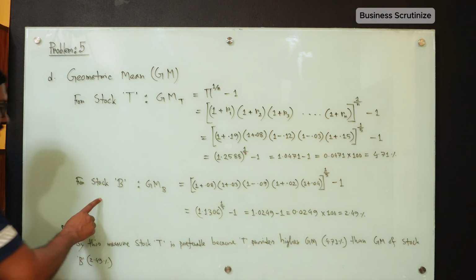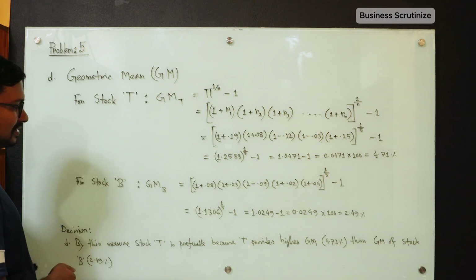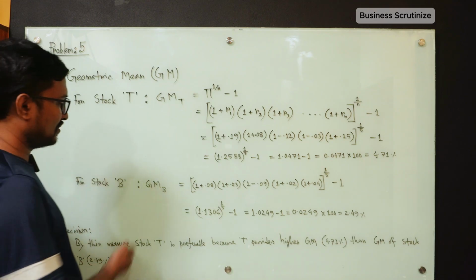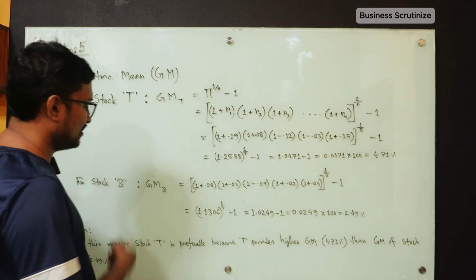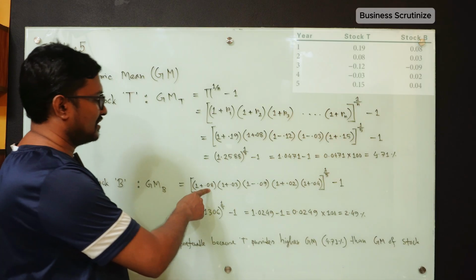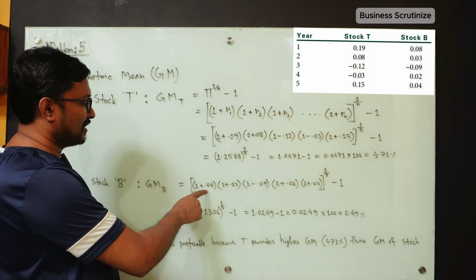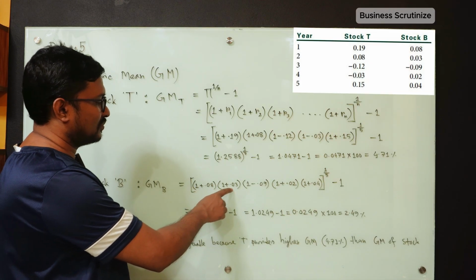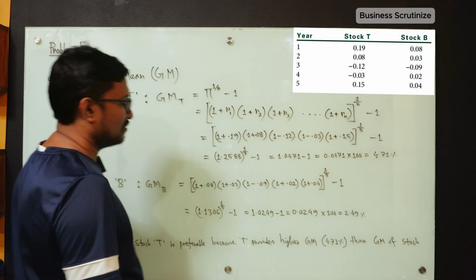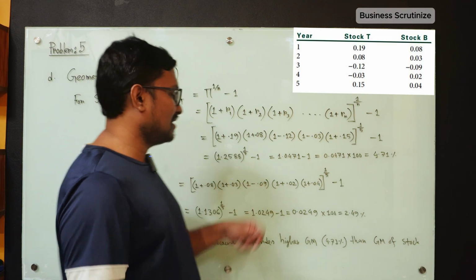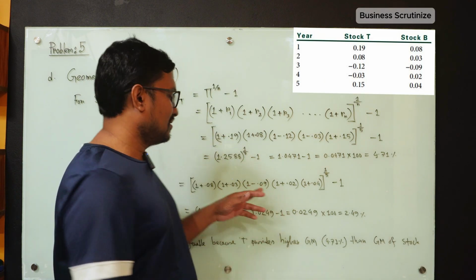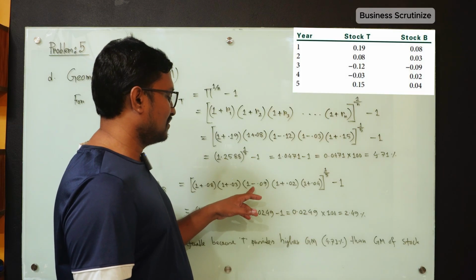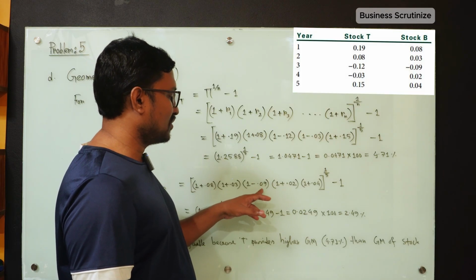For stock B, we have to compute a very similar thing, the geometric mean. Here, for the first year return we input 1 plus 0.08, then next year 1 plus 0.03, and in the third year we have a negative return, so 1 minus 0.09.